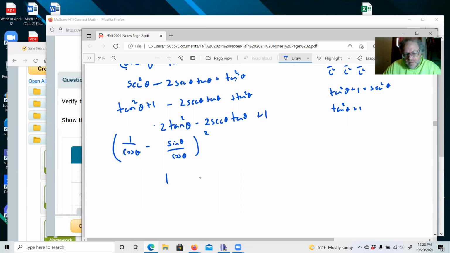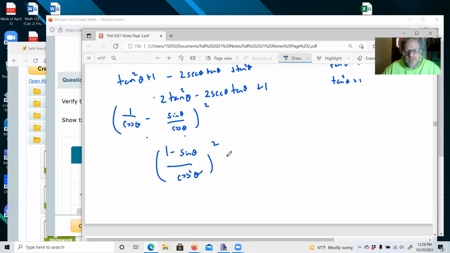So this would be 1 minus sine theta, right? Because they both have the same common denominator, over cosine squared theta. Oops. Not squared yet, just cosine. And this is going to be what? They're not going to like this. Right. All I did was hold the 2 out and then multiply the squared in.